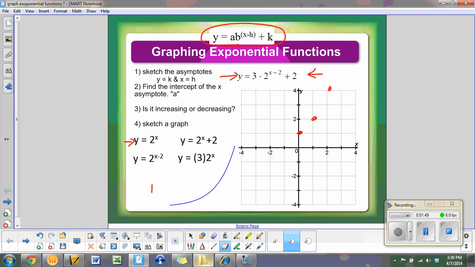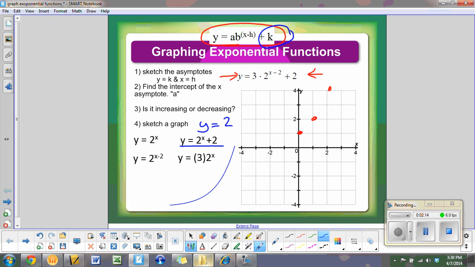That is our k. This number on the end is added. So if we look at this one right here, my added term would be plus 2. We've had in quadratics a line of symmetry. What we have in exponential functions is something called an asymptote. It is the line that helps us see where to graph it.